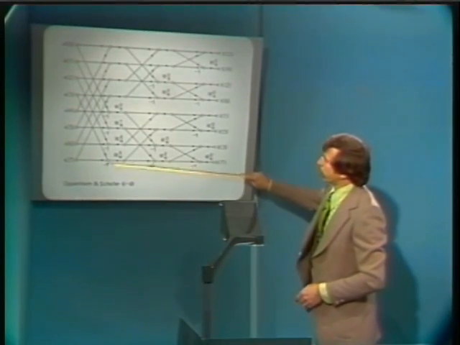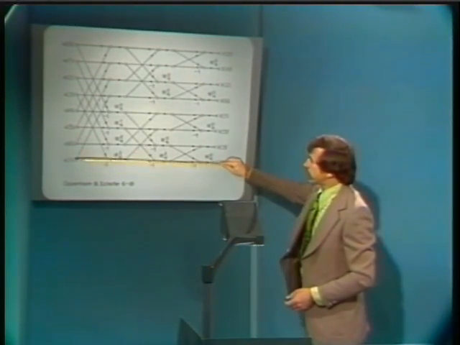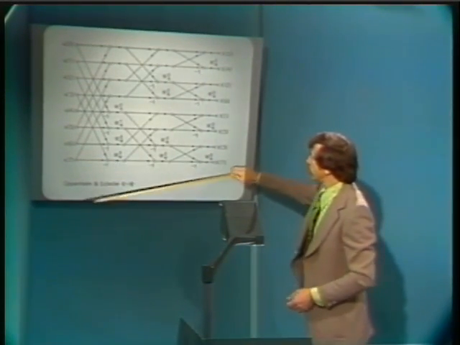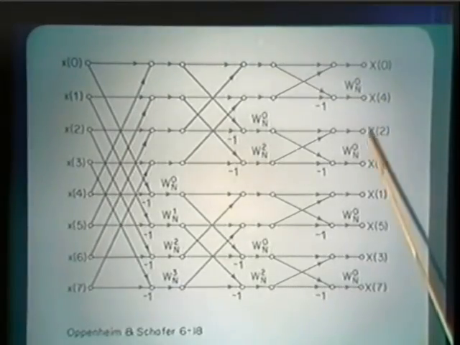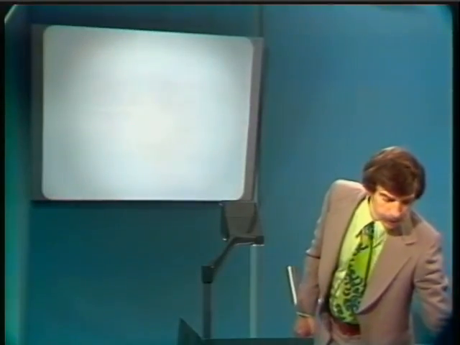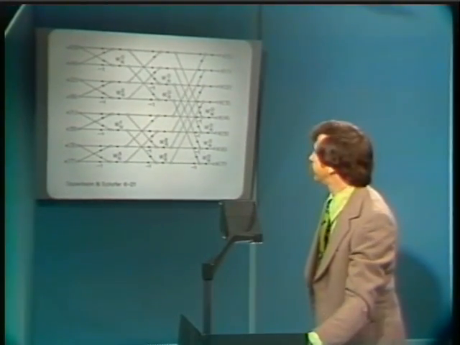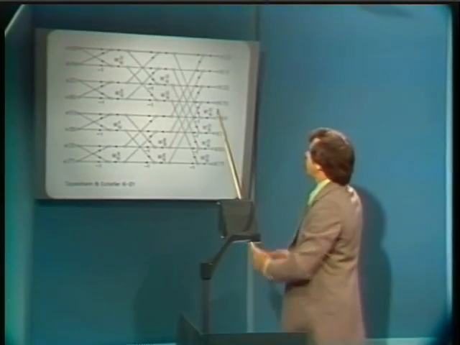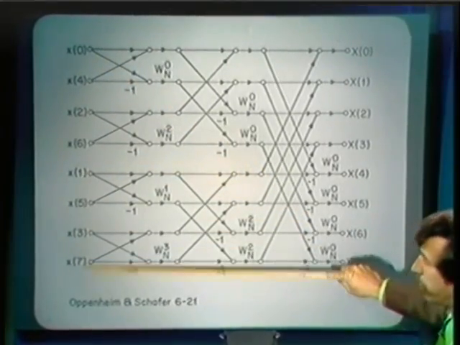To rearrange the flow graph so that the output is in normal order, we would again simply take horizontal lines and resort them so that the output nodes are sorted in normal order, and the flow graph that results is a decimation-in-frequency form of the algorithm for which the outputs are in normal order, but the inputs are in bit reversed order.